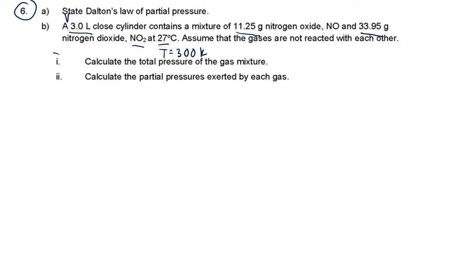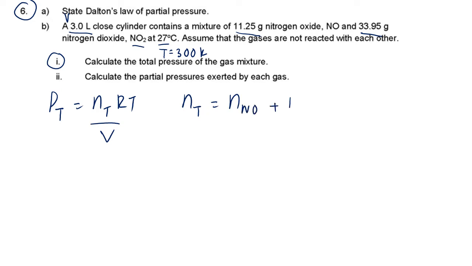So first, you need to calculate the total pressure of the gas mixture. We use the formula P total equal to n total RT over V. n total is the mole of nitrogen monoxide plus the mole of nitrogen dioxide.